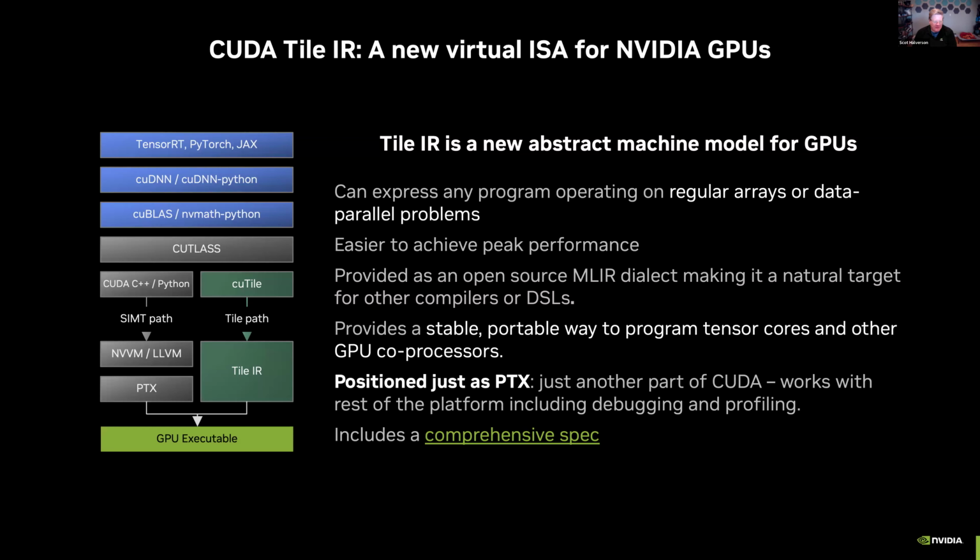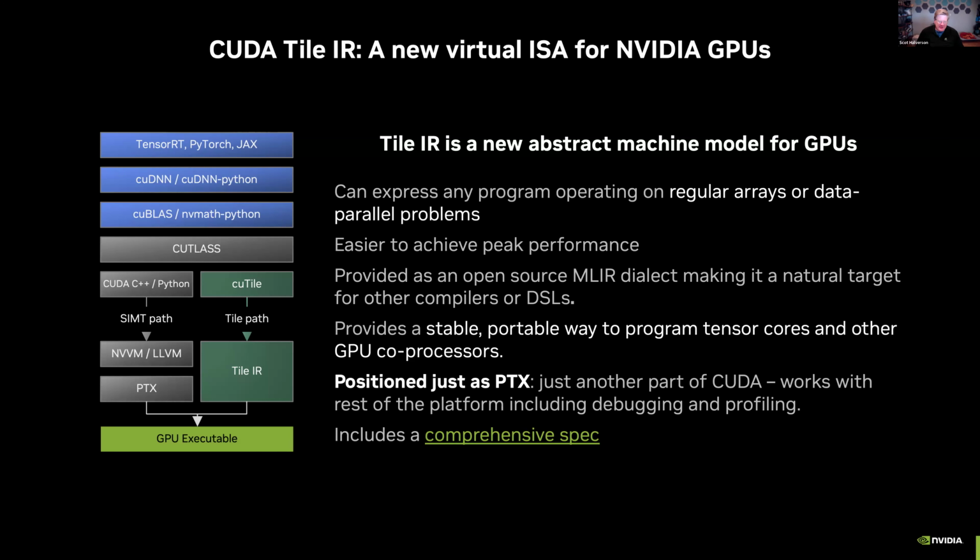For example, I'm showing here Cutlass is built on top now of both CUDA C++ and Python and Qtile. As time goes on, we expect that even us at NVIDIA will be developing on top of Qtile more and more because it's so easy, relatively speaking, to get good performance. And we can talk a little bit about that in future slides, what that actually looks like.